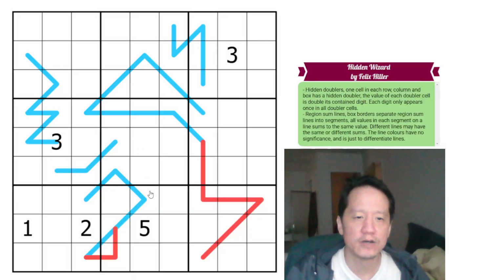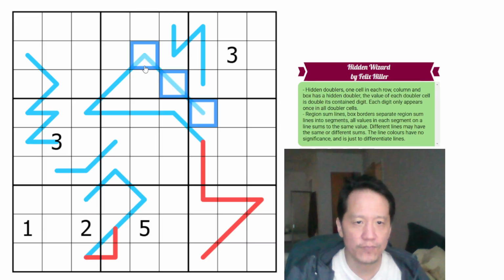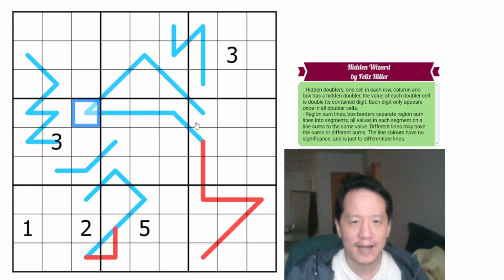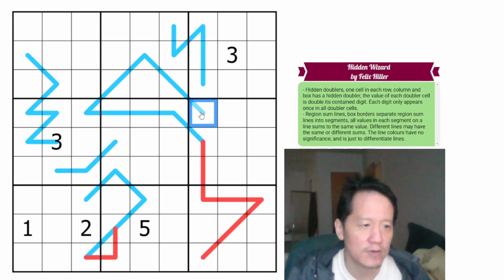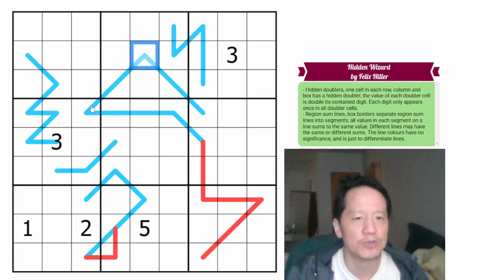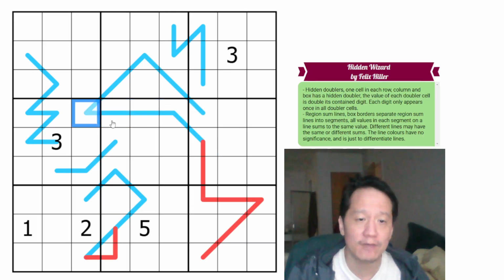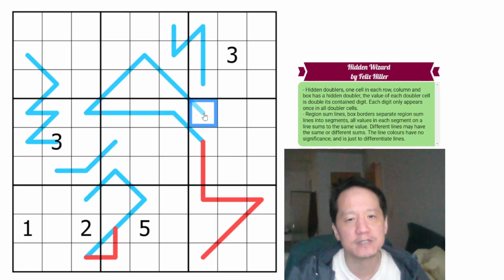Let's go. Okay, so the thing that I noticed first was that this region sum line has two regions which are only one cell, and they are both on the same row. They obviously can't be the same digit, so one of those two has to be a doubler.